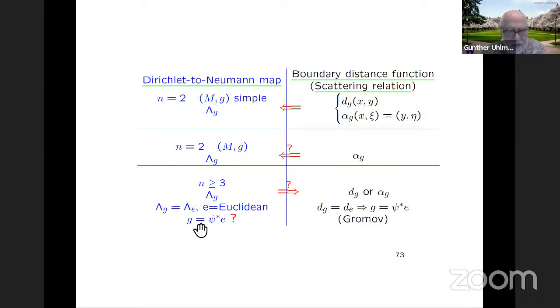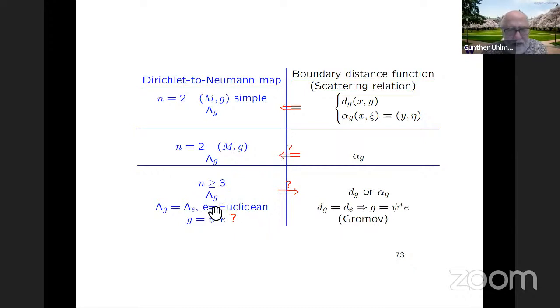Is it true that this is the pullback of the Euclidean metric? This is certainly known for the distance function. This is Gromov's result: if the distance function is the same as the distance function of the Euclidean metric, it must be a pullback of the Euclidean.